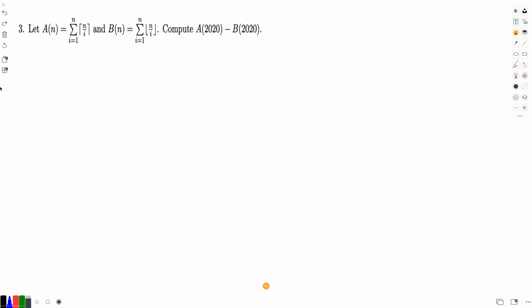Okay, so the first thing I want to do here is maybe undo the summation notation and try to make more sense of this problem.